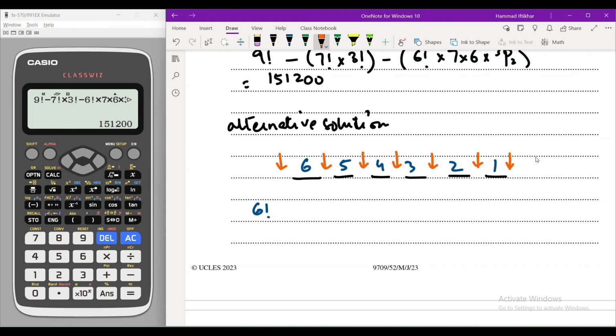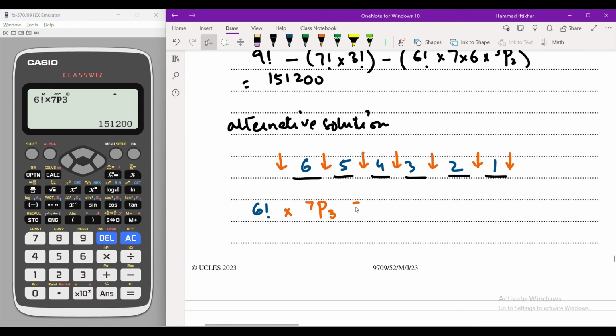So we have 7 places to fill in and 3 cyclists. So 7P3. So 7 places for the 3 cyclists. So 6 factorial times 7P3.